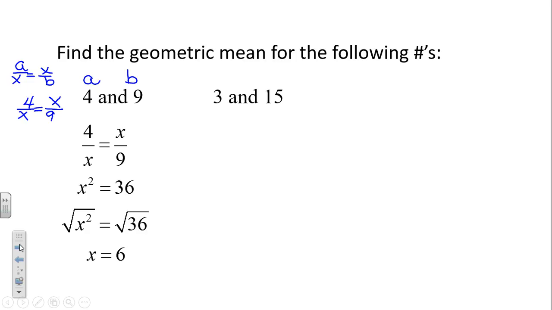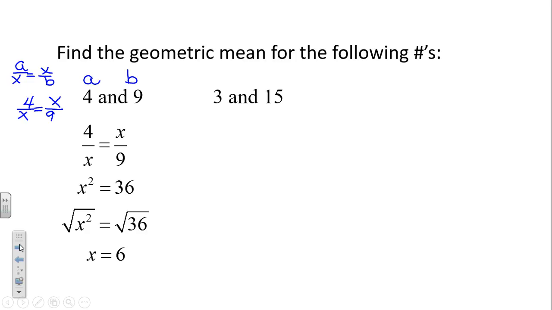Put the proportion down. We don't want to have decimals. So if we have an answer that doesn't come out nicely like the 6 did, we want to simplify it. Find it in simplified radical form.